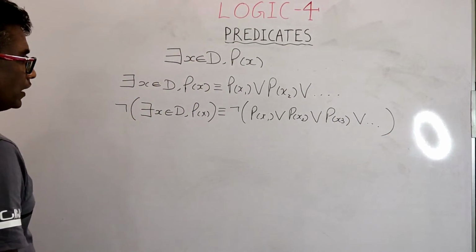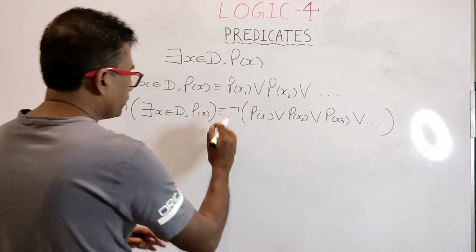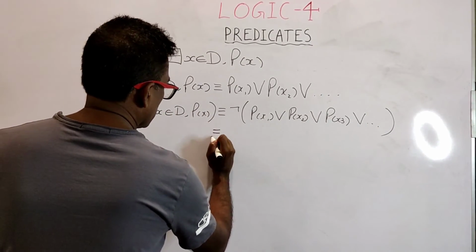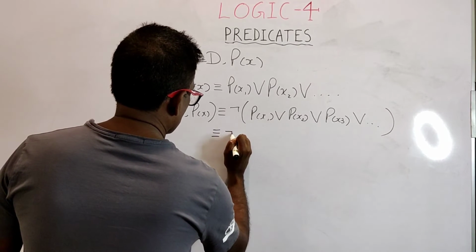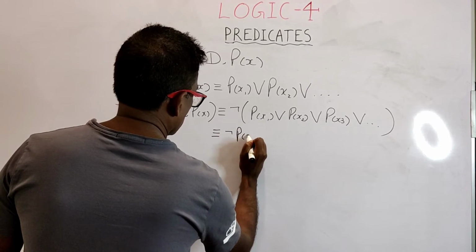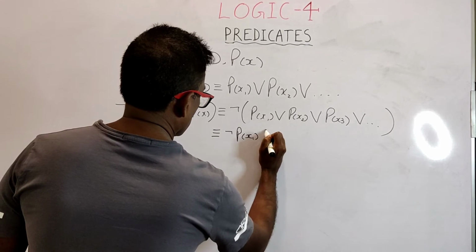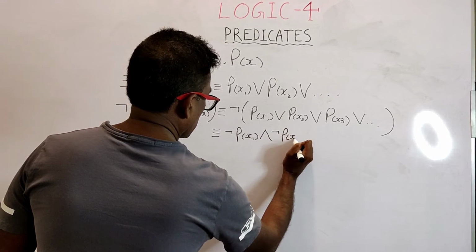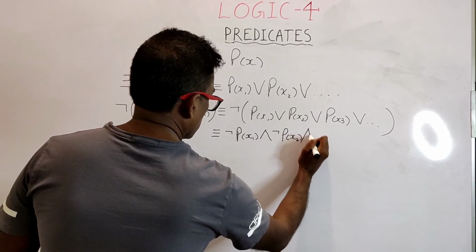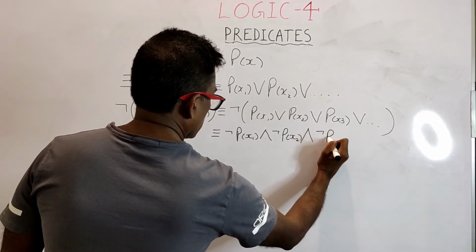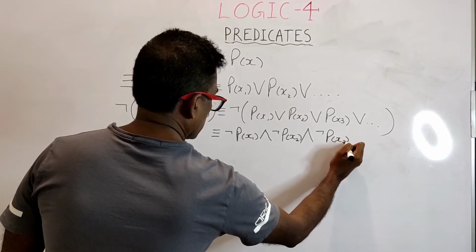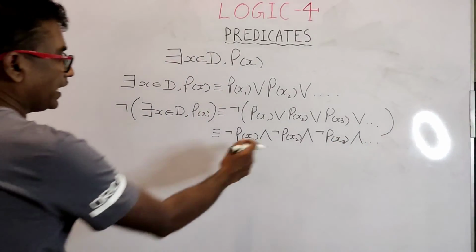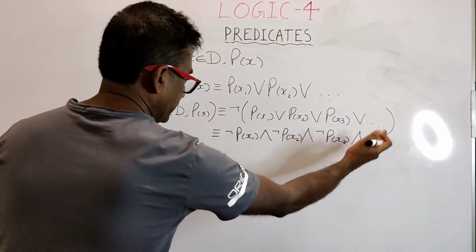Now from De Morgan equivalences, this is equivalent to negation of P(x1) and negation of P(x2) and negation of P(x3).